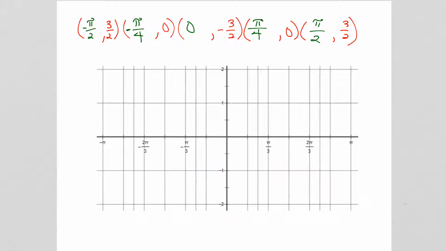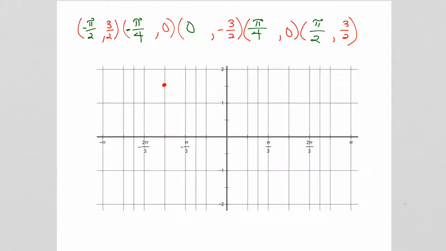And now we can graph our 5 key points. So we got negative pi over 2. That's right, where is that? Right here. Negative pi over 2, 3/2. That's the same as 1 1/2.